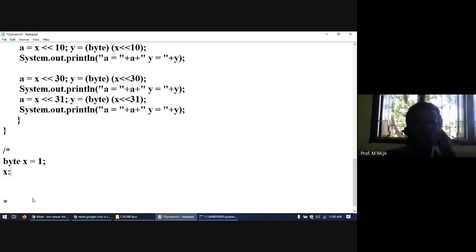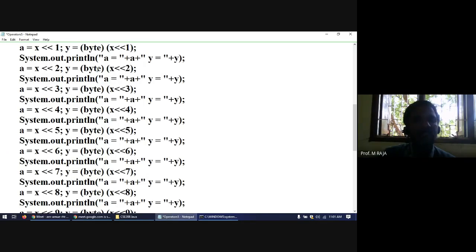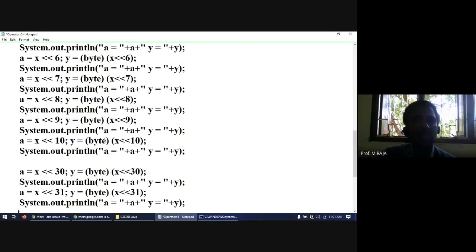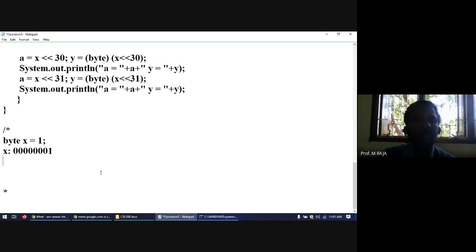The storage representation of x in binary encoding means 0, 0, 0, 0, then 0, 0, 0, 1. This is the binary encoding of the variable x. Now let us try to find the value for each shift, and how the value of the left shift operation is going to affect the variable x.